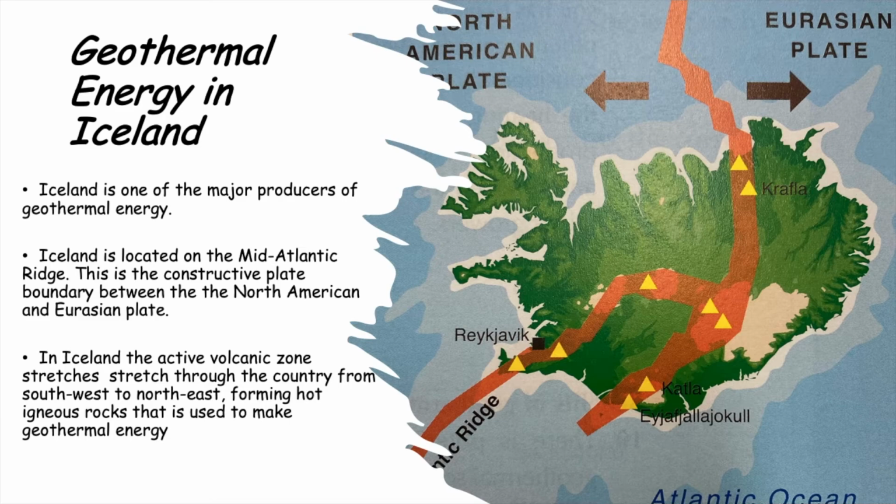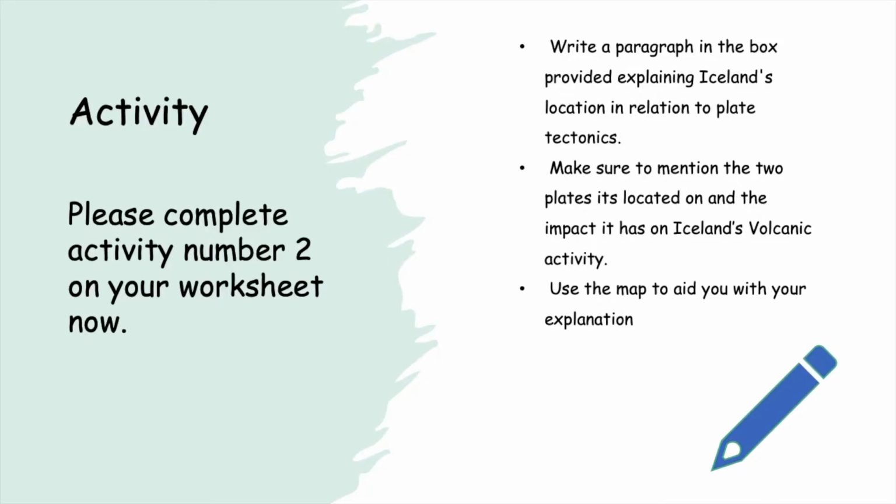Okay, so I'm going to get you to complete an activity on this now. Activity 2 on your worksheet. You need to write a paragraph in the box provided explaining Iceland's location in relation to plate tectonics. Make sure to mention the two plates located on it and the impact it has on Iceland's volcanic activity. You can use the map to help you with your explanation.